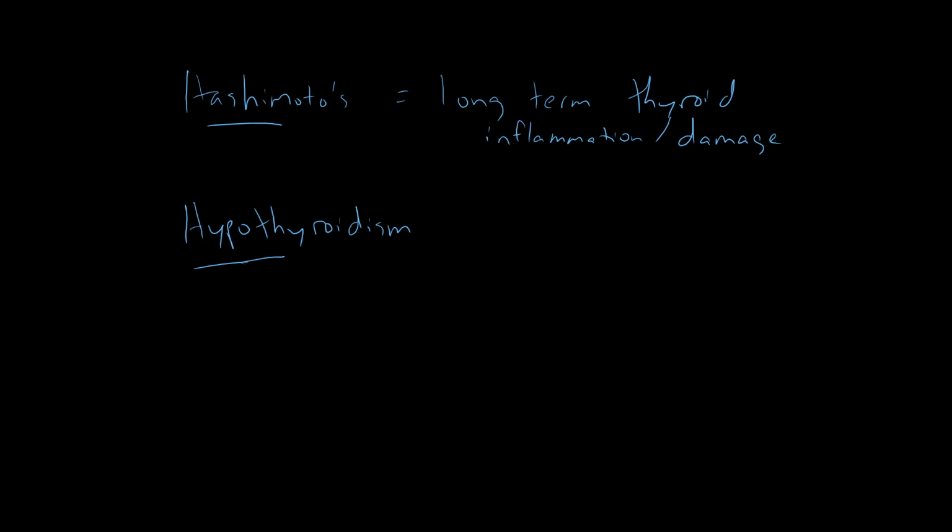So if your immune system is damaging your thyroid gland, but your thyroid gland is still able to make enough hormone, then you have Hashimoto's without hypothyroidism. But if your thyroid gland is damaged by Hashimoto's to the point where it is underactive, then you have hypothyroidism.